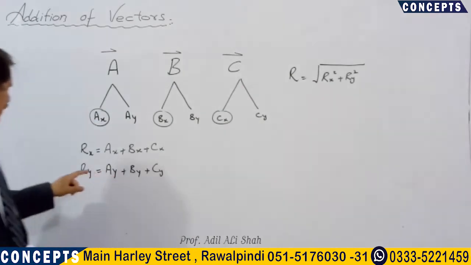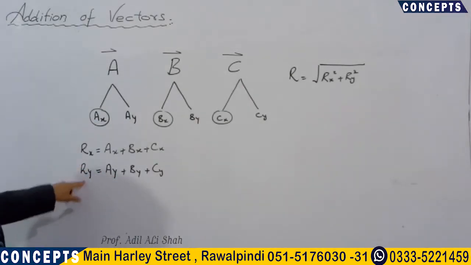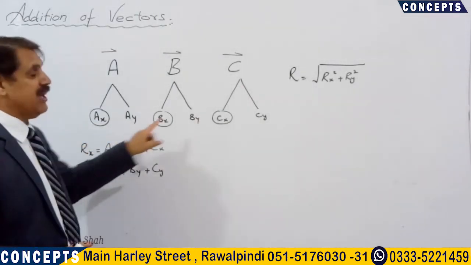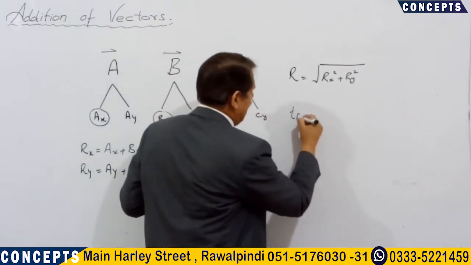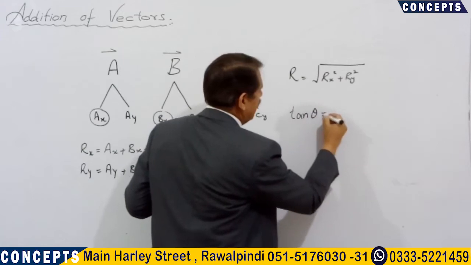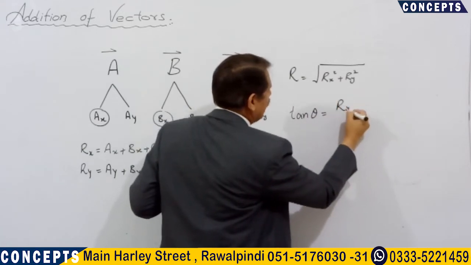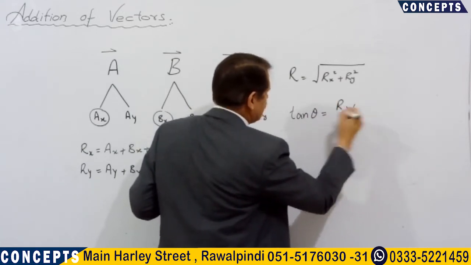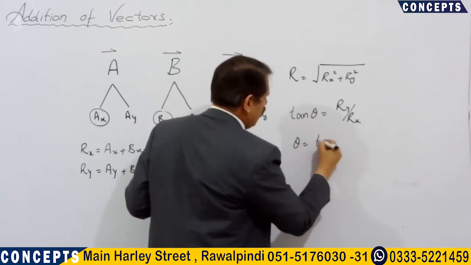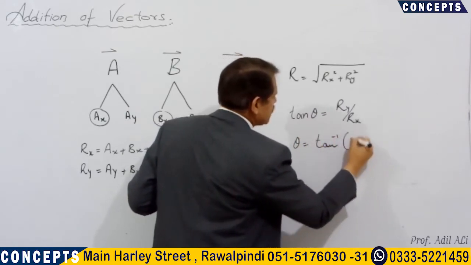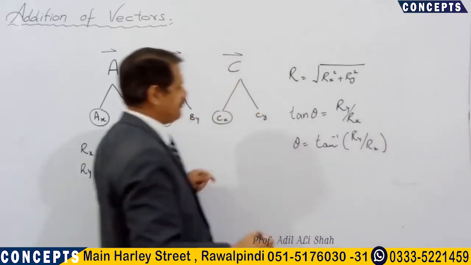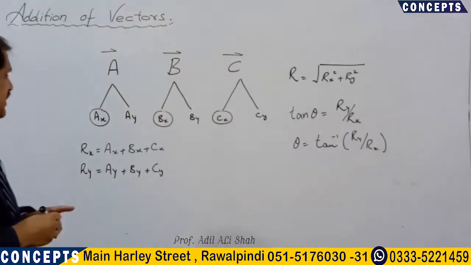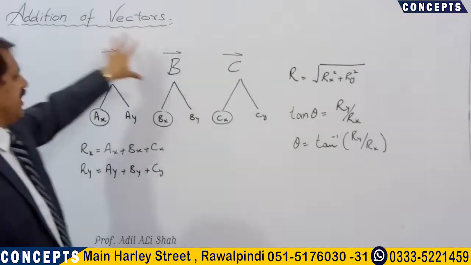Now, if we have its vertical component and its x component, then we can find out its direction, and that would be tan theta is equal to Ry over Rx, or theta would be equal to tan inverse Ry over Rx. This is the main concept of addition of vectors.